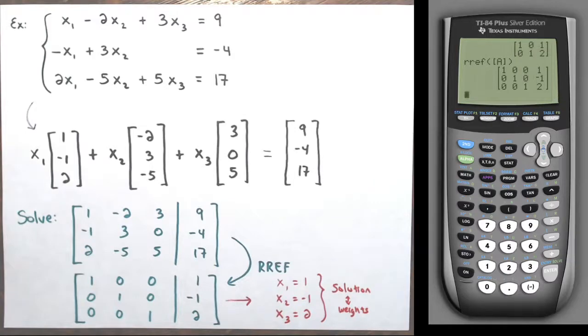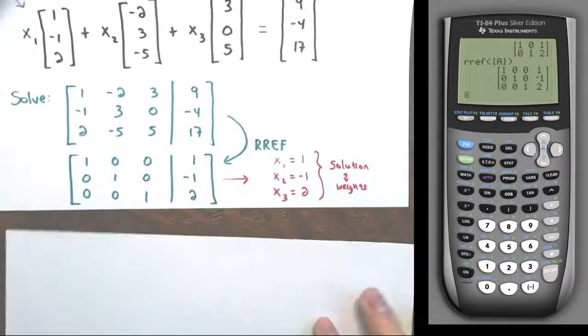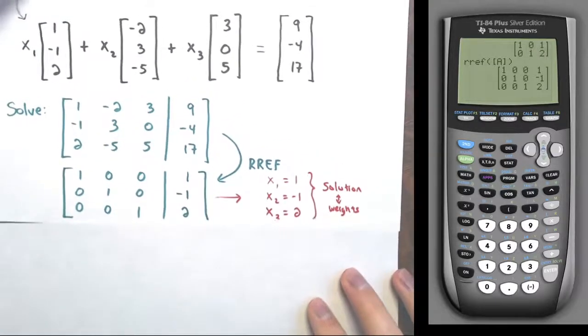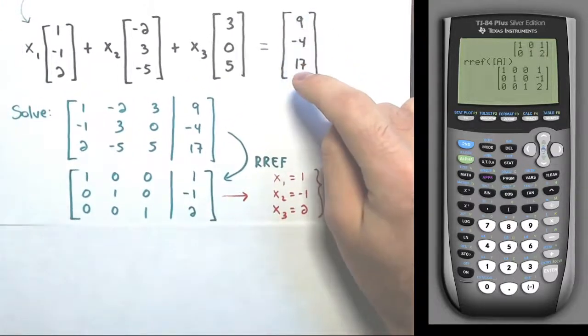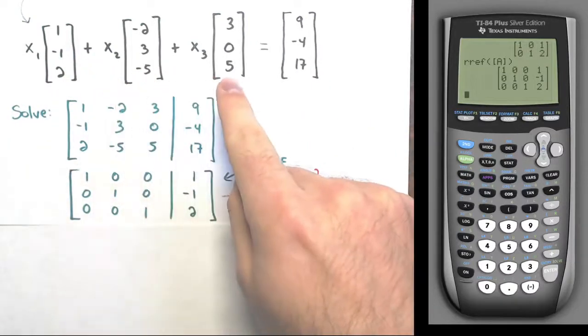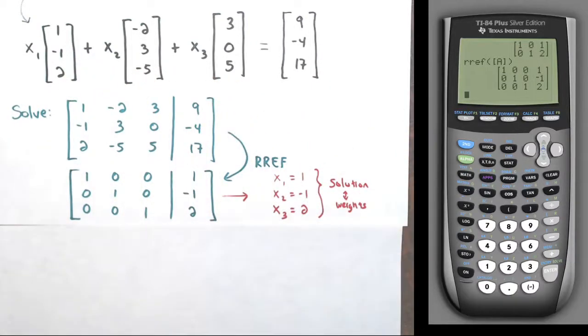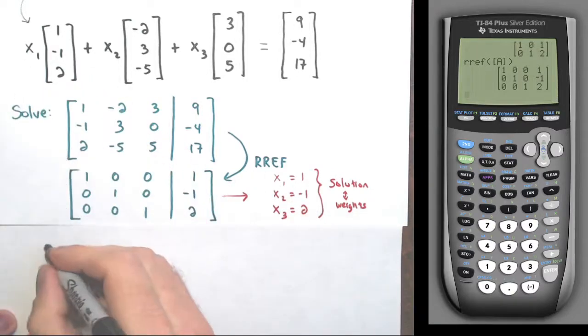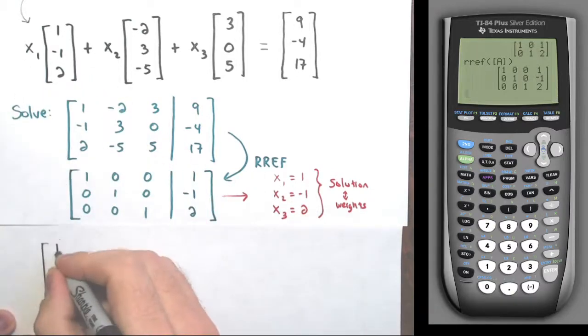Okay, and then let's write the linear combination. How do I express 9, -4, 17 as a linear combination of these three vectors? Well, this way: put in 1 for x1, so 1 times the vector 1, -1, 2.